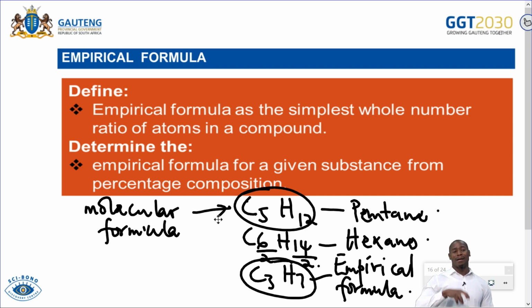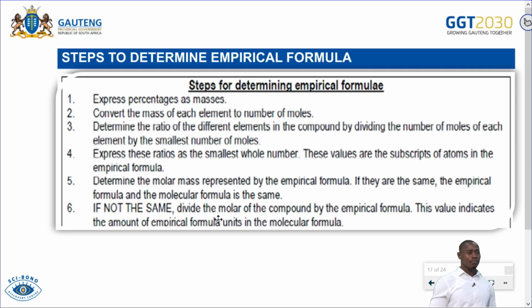But in most cases, actually, you will be given the percentage composition, and you have to move from percentages to a chemical formula, or to an empirical formula, and from empirical formula to molecular formula. Then these are the steps that we need to follow when we want to determine the empirical formula of a substance.